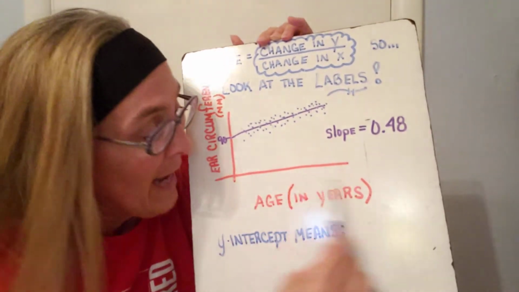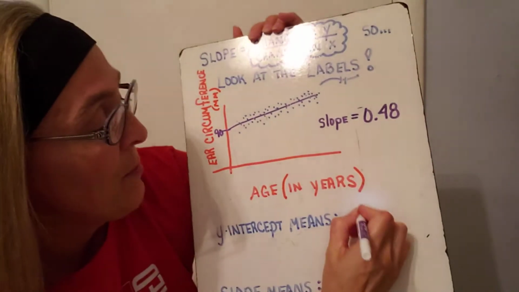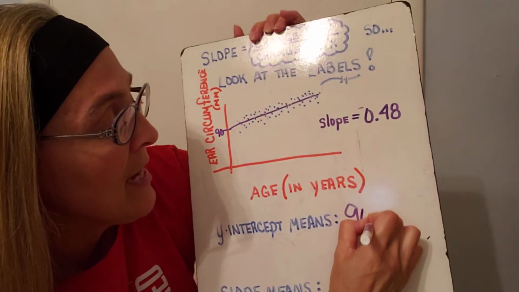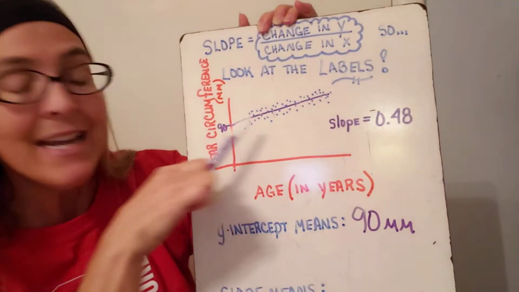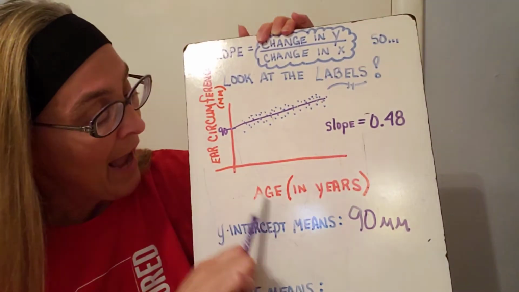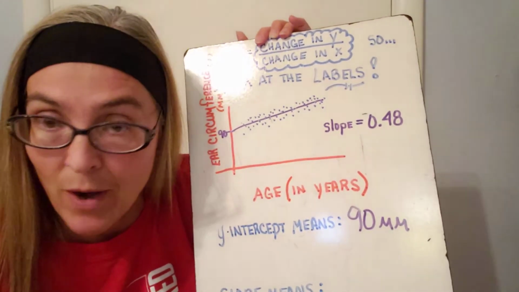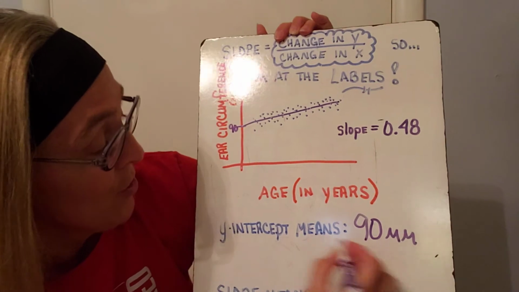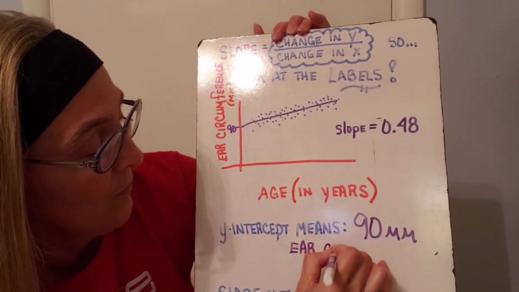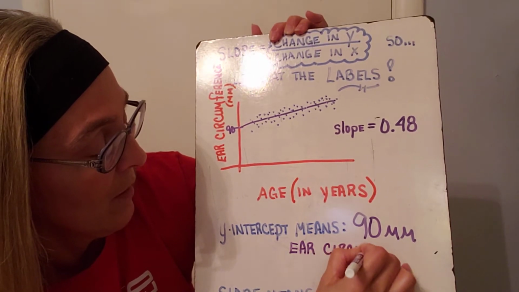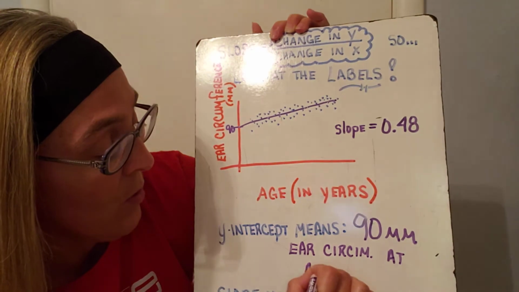Whatever label this is, it's going to be 0. So the y-intercept means that the ear circumference is going to be 90 millimeters at birth on average, or when your age is 0. 90 millimeters ear circumference at age 0.